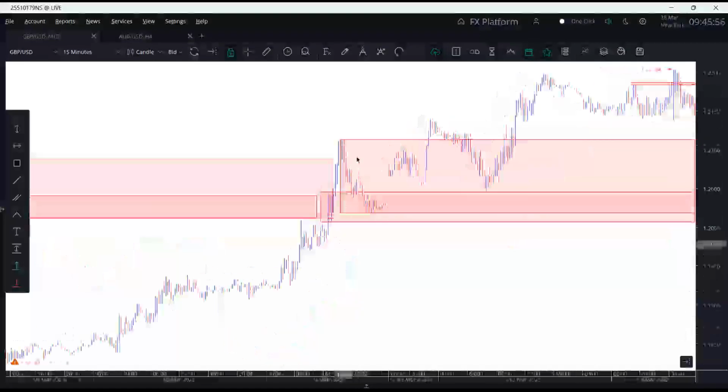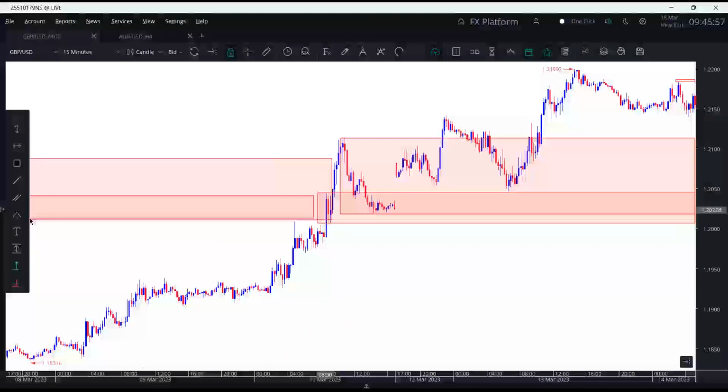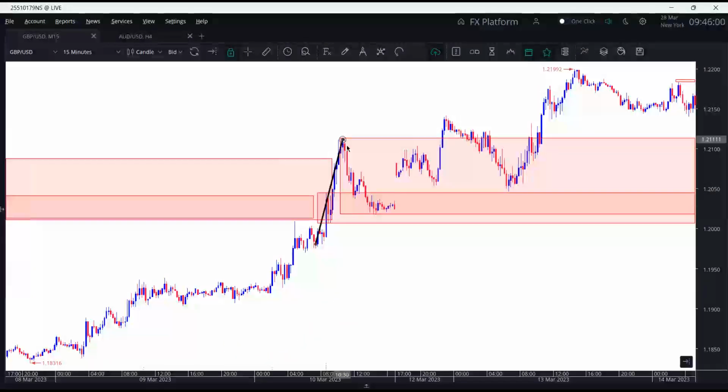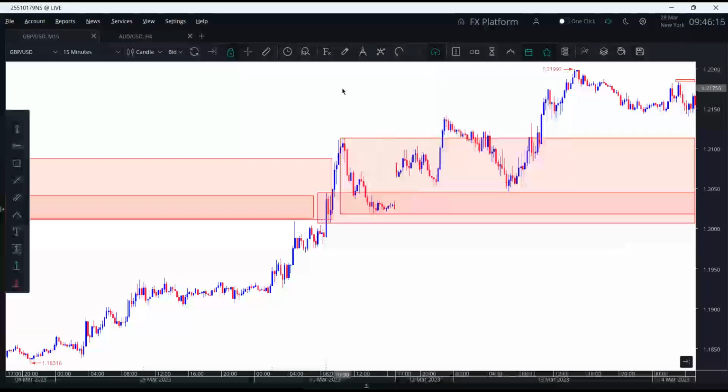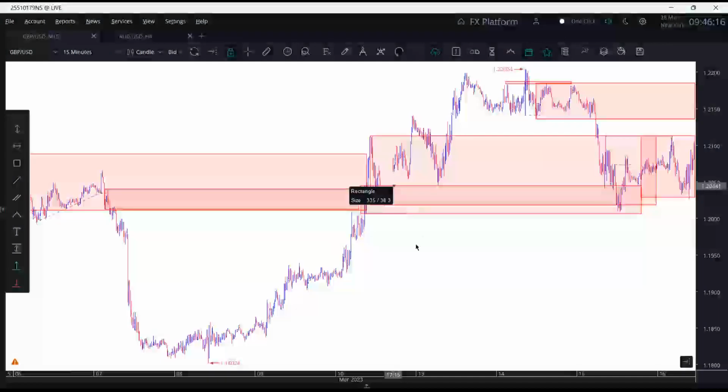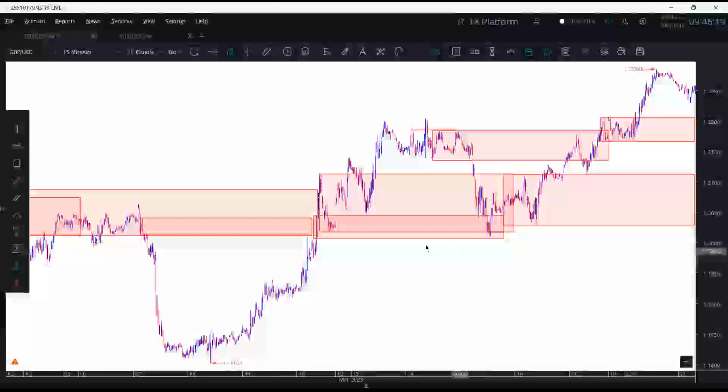For example, imagine price engulfs this area and doesn't get back to the lower time frame FL. The second time, it makes a fake out to the lower time frame FL or DP right here. That's how we can understand when the FDR is complete or not.